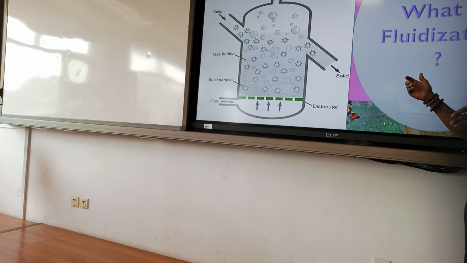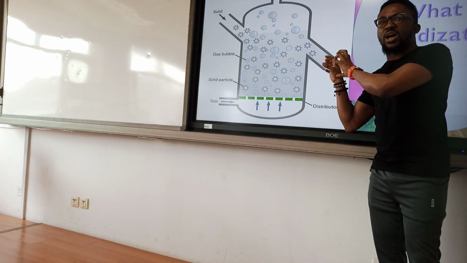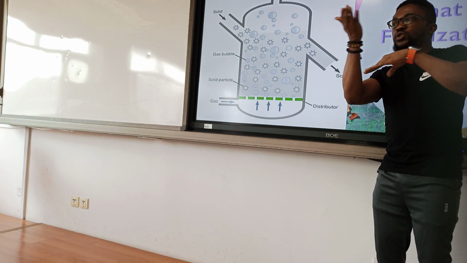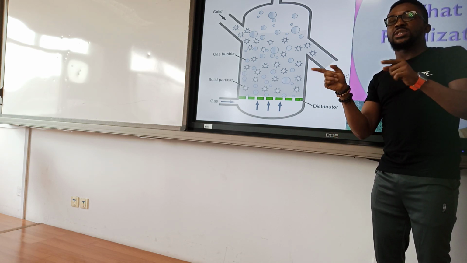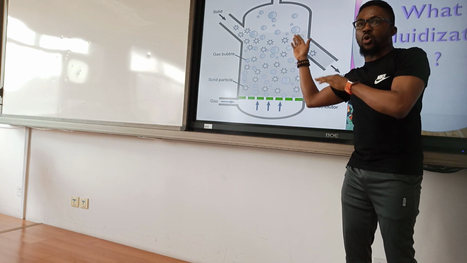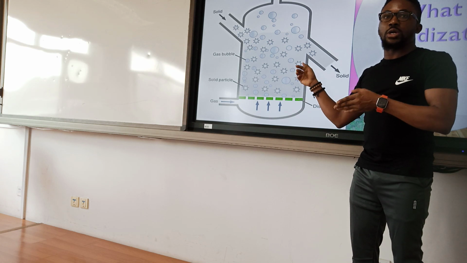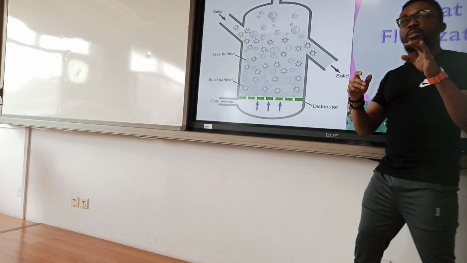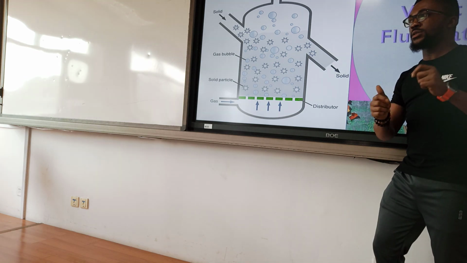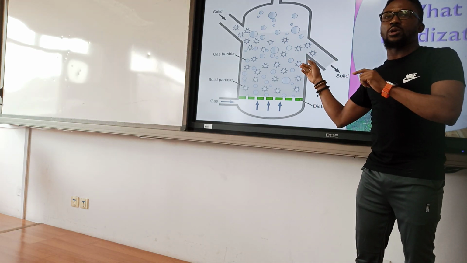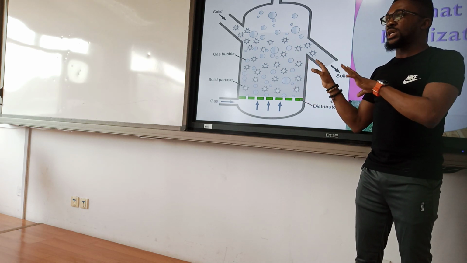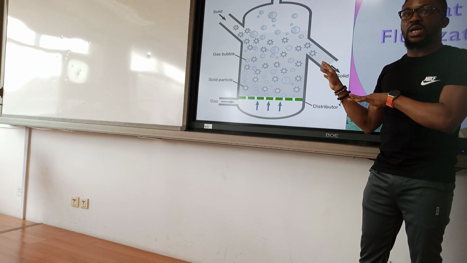If the sum of the drag force and the buoyant force is less than the gravitational force, will the particles go up? No, it will not. But if the sum of the buoyant force and the drag force is approximately equal to the gravitational force, the particles will float. This is the basic principle of fluidization.